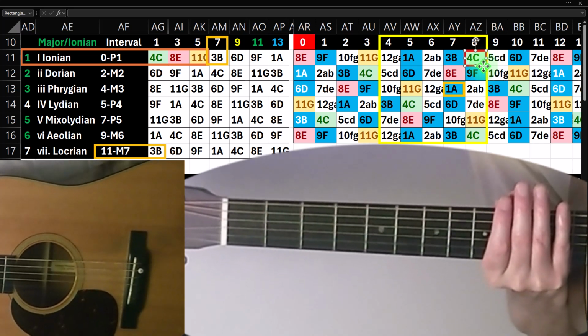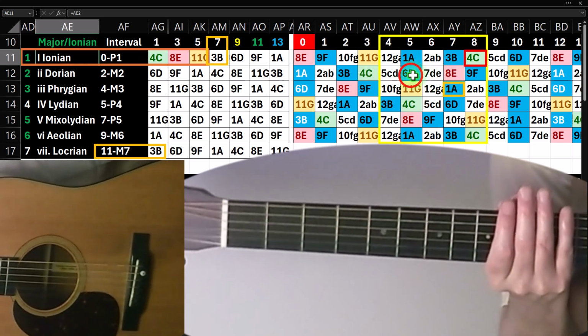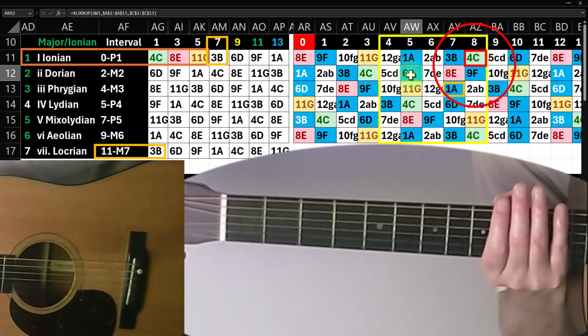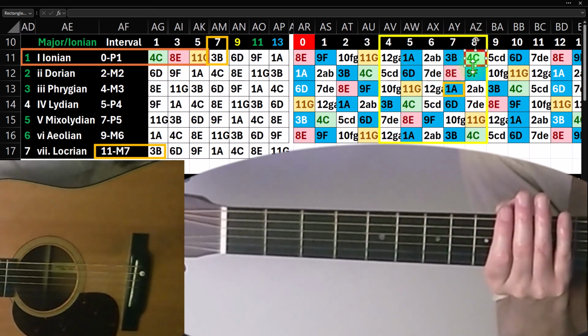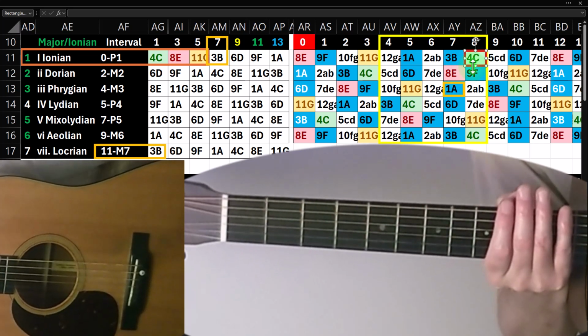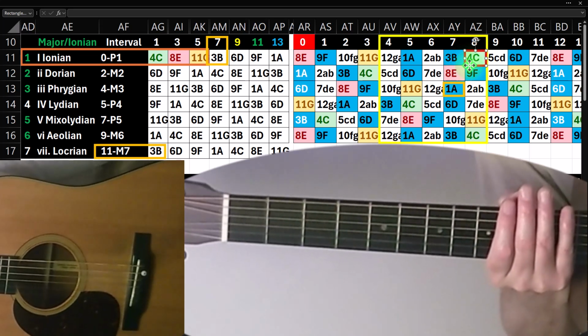We typically learn first from the major position, and then we can adjust the formula as we start from a different position. And then we can also learn it from intervals around the focal point, the root or tonic, which if it was the C major, we would be looking at every note as it compares to this tonic.